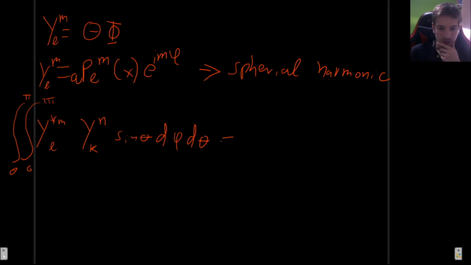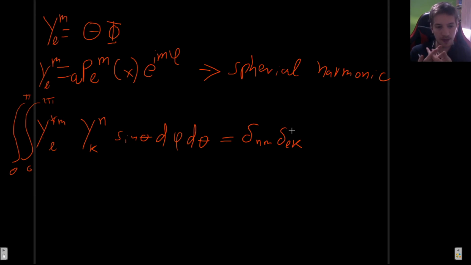We want this to be delta mn delta lk. Basically, we want it to be 1 if m is the same as n and if l is the same as k, and we want it to be 0 otherwise. We want it to be orthonormal.